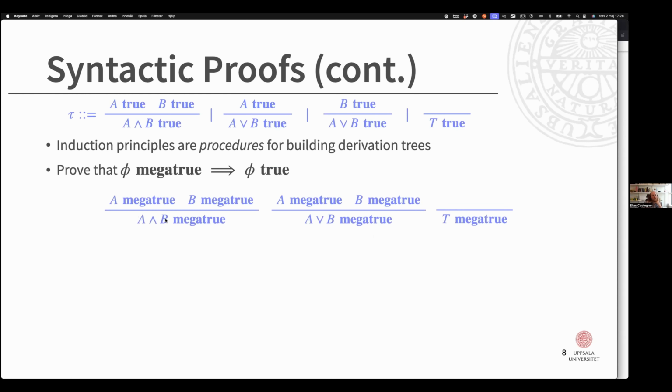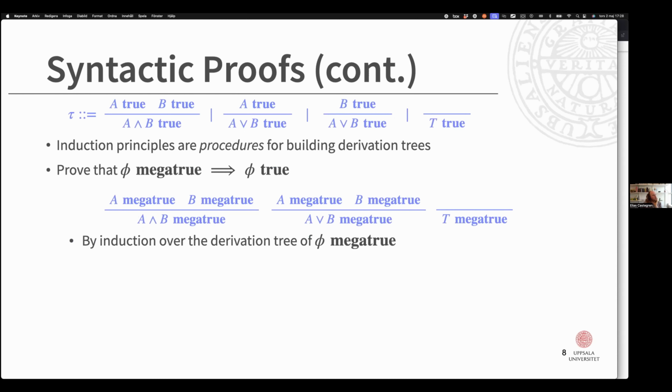So A and B is megatrue if A and B is megatrue. A or B is megatrue if A and B is megatrue. And then we want to show that phi megatrue implies that phi is also true in the old sense here.